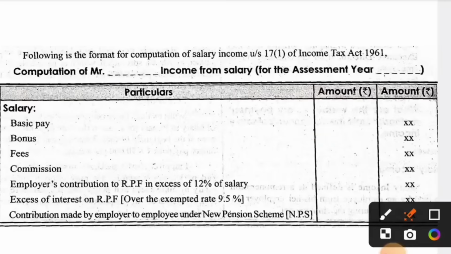Or else bonus, fees, commission, employer's contribution to RPF in excess of 12% of salary, also enter under salaries. Also the excess interest, contribution made by employer to employee under the new pension scheme NPS. If you find this type of names in the question, you need to enter those amounts under salary.